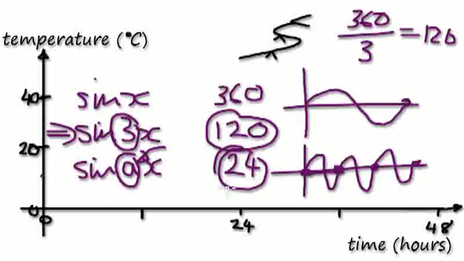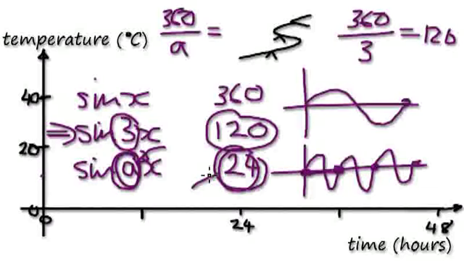Now looking at this, we would want 360 divided by this number here, which is a. Let's call it a, and then we're going to try and find out a to give us this thing here, 24.